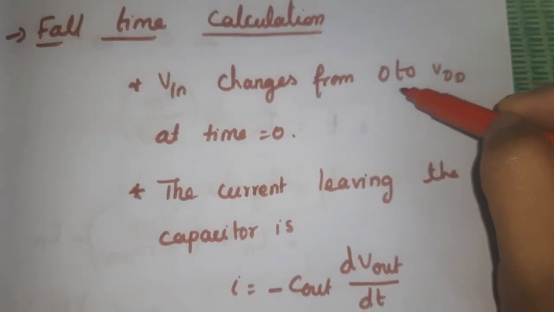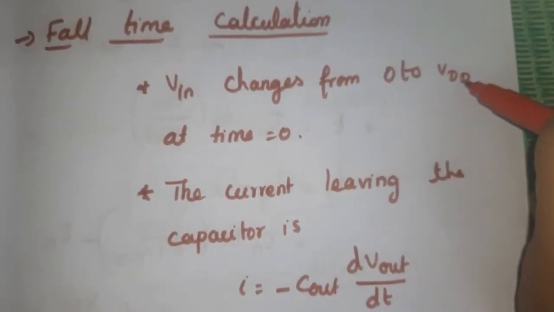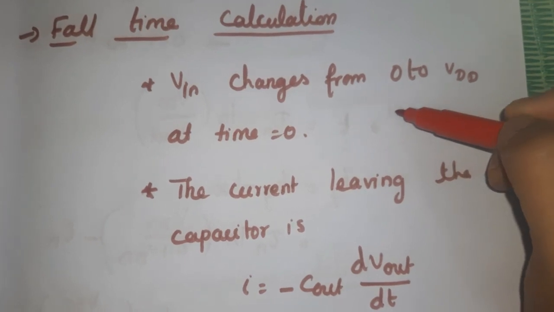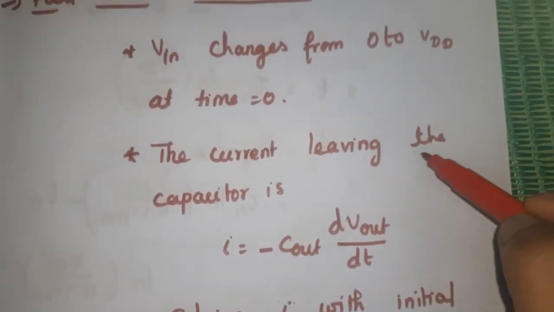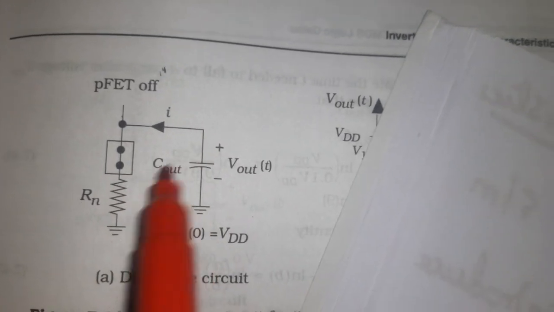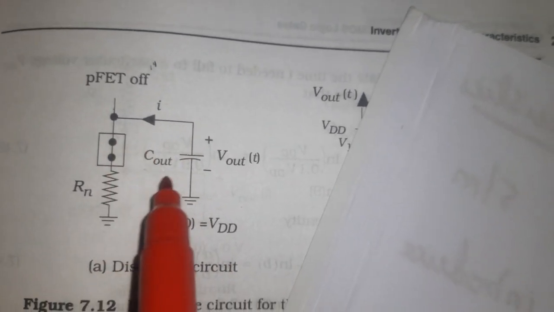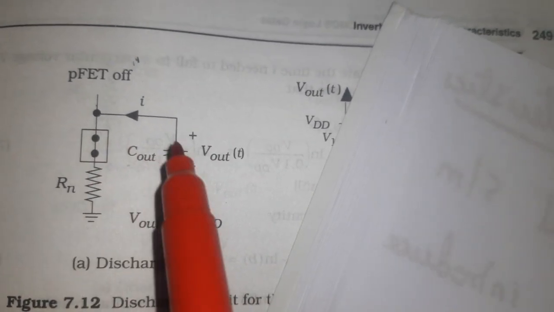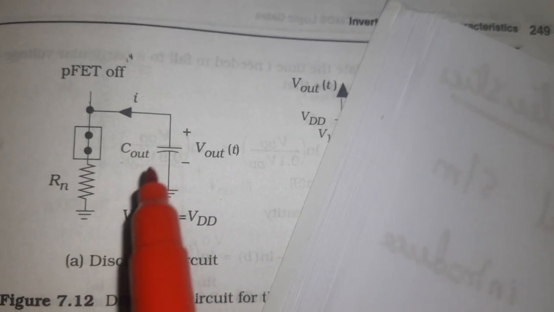We start with the input changing from 0 to VDD at time t equal to 0. The current leaving the capacitor is equal to I. We consider this circuit and apply the loop equation, which we solved in our previous videos.